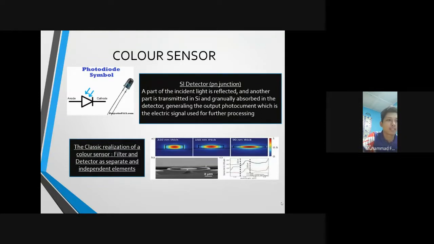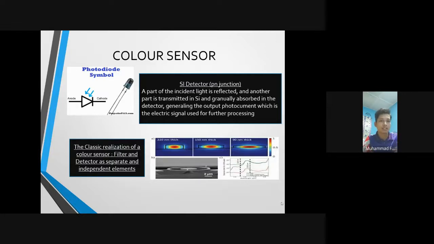Now I want to talk about the construction and design of the color sensor. In a silicon detector junction, part of the incident light is reflected and another part is transmitted into the silicon and generally absorbed in the detector, generating a photocurrent, which is the electric signal used for further processing.